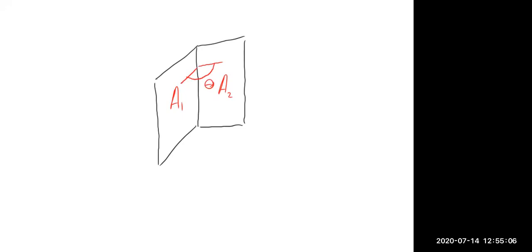For example, here theta looks to be around 90 degrees. Here I can draw another case. Here theta seems to be, well, maybe I should exaggerate a little bit more. Here it seems we have a wider angle, right?